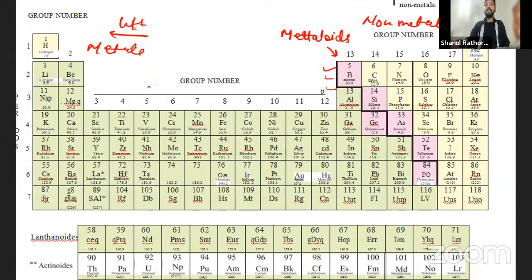In the modern periodic table, elements are arranged in 7 horizontal rows. As you can see here, these 7 rows, 1, 2, 3, 4, 5, 6, and 7, these horizontal rows are known as periods.